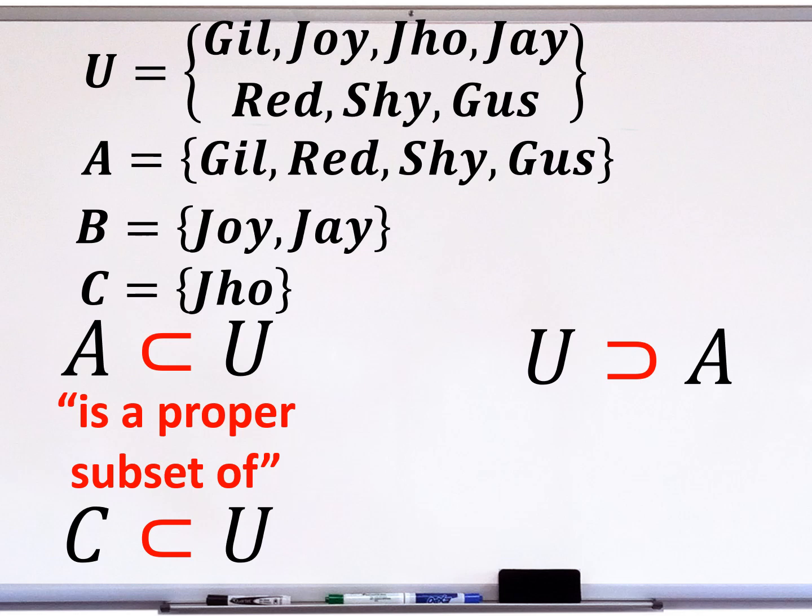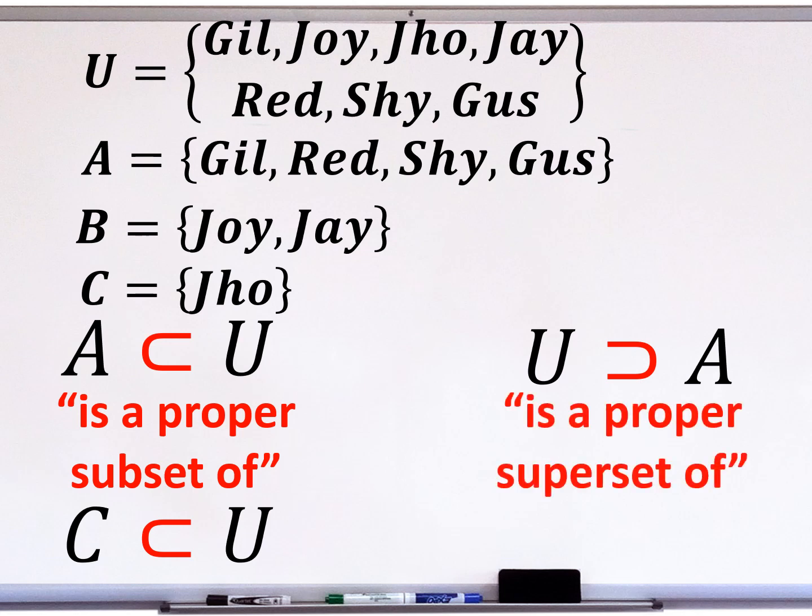So as you can see here, the universal set U is on the left side while the proper subset is on the right side. So this can be read as proper superset of. So please take note of the difference between the two, okay? So the capital letter U opens to the left.